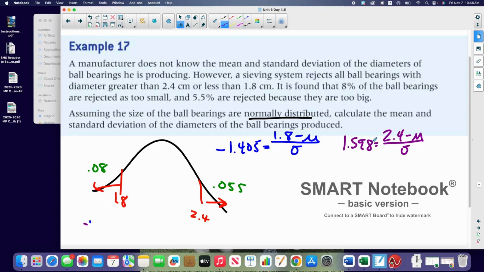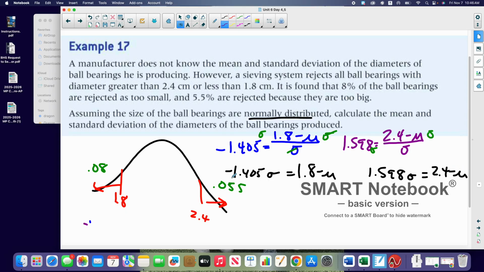Now, I'm going to show you 2 different ways we could solve this. I don't care which way you do this. But one thing that I would probably do is multiply by the standard deviation on both sides. So I get negative 1.405 standard deviation equals 1.8 minus the mean, and on the other side, 1.598 standard deviation equals 2.4 minus the mean.